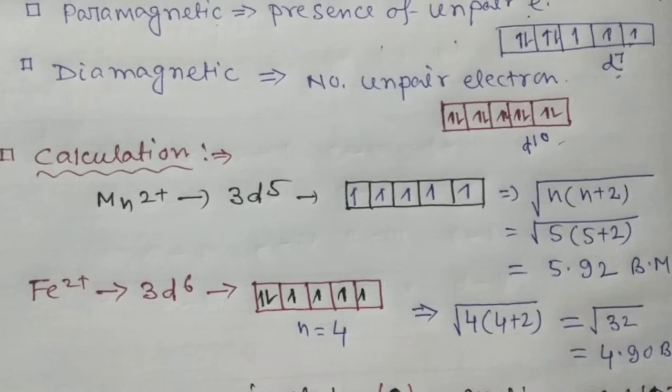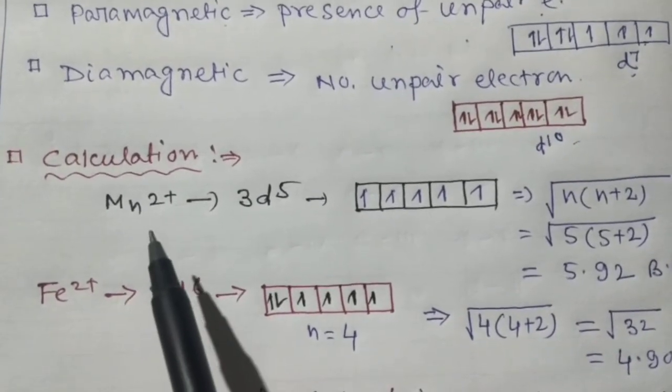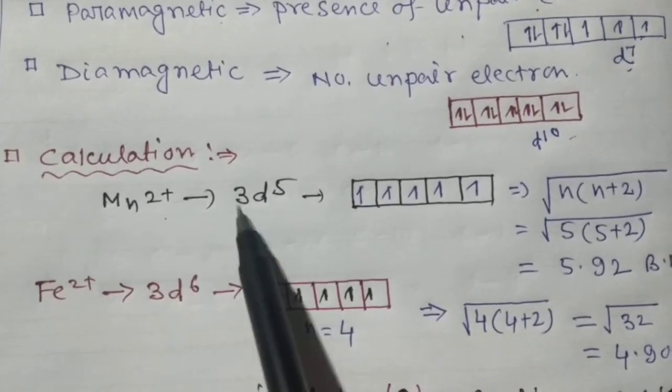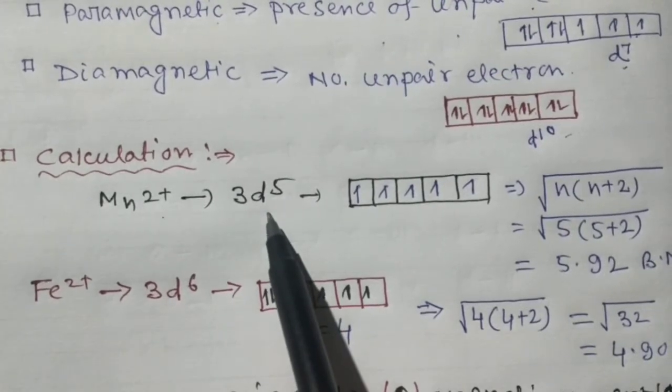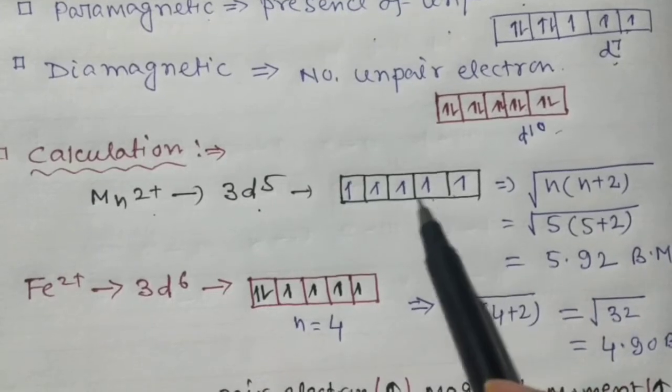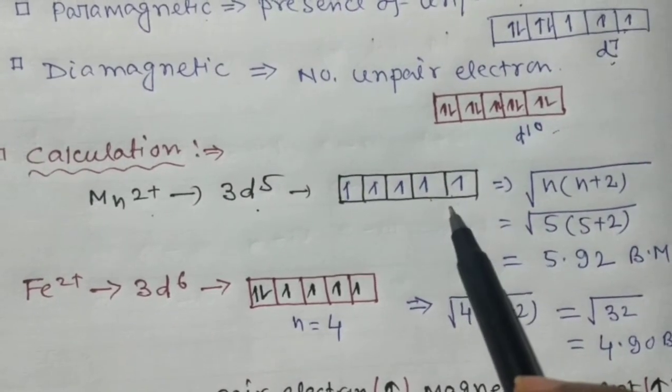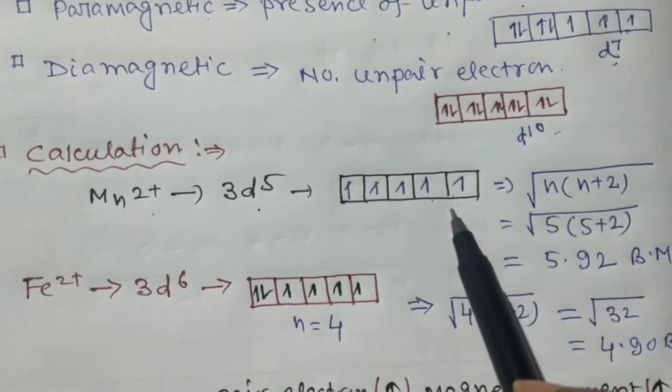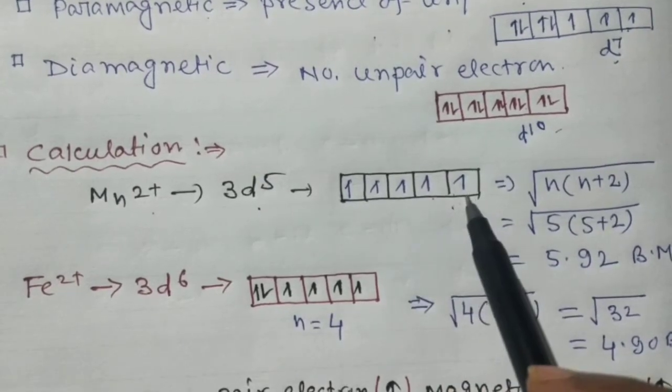Now calculation of magnetic moment. Take an example, Mn2+. Mn2+ has 3d5 configuration, so the d orbital contains 5 electrons. The d subshell has 5 orbitals, and each orbital contains 1 electron.